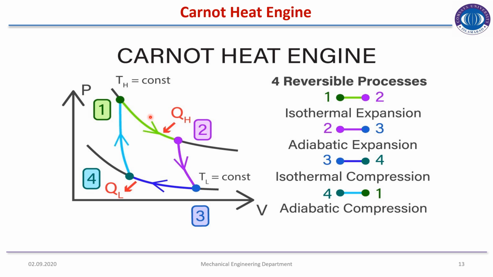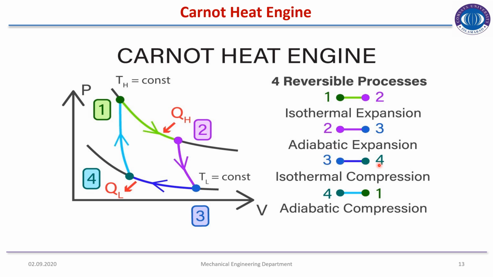So here all four processes that we have discussed individually are shown on the PV diagram collectively. Here you can see from 1 to 2 the process is isothermal expansion, where heat addition is also involved, and 2 to 3 adiabatic expansion.